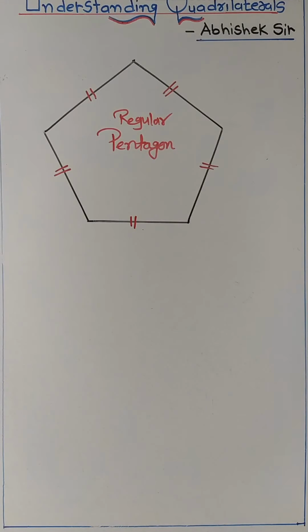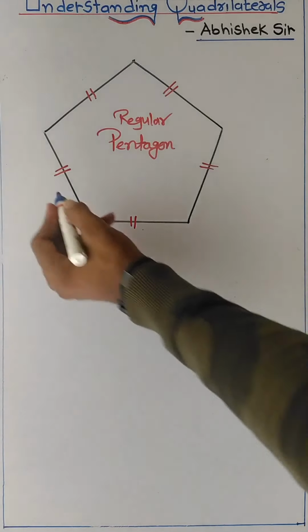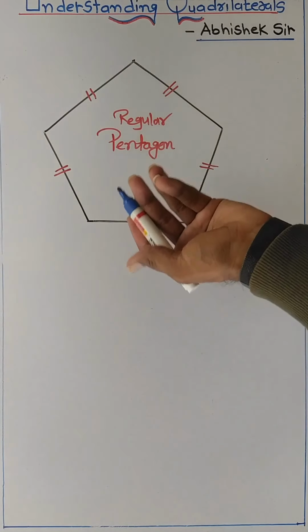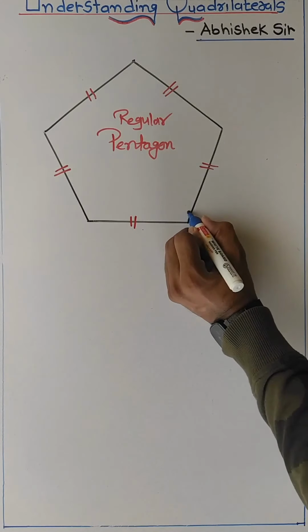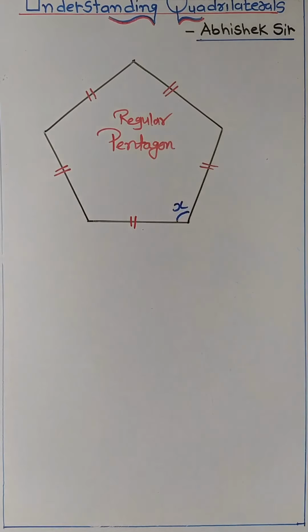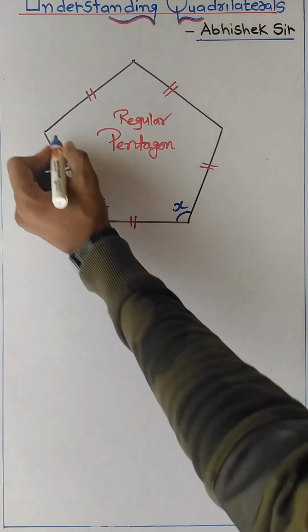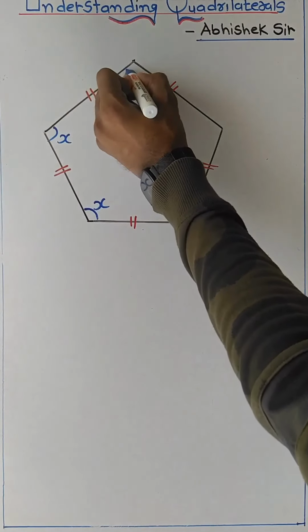Now what is special about this regular pentagon? That if all sides are the same, all angles are also the same. But where is the angle, right? Here they have given only one angle, that is x. But as per the rule, as it is a regular pentagon, all other angles will also be the same, right?